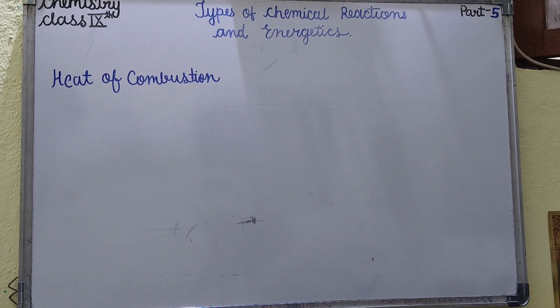Heat of combustion is the amount of heat liberated when 1 mole of substance is completely burnt in oxygen. I'll repeat, the amount of heat liberated when 1 mole of substance is completely burned in oxygen. Example, when 1 mole of carbon is burned in oxygen, it is converted to CO2.